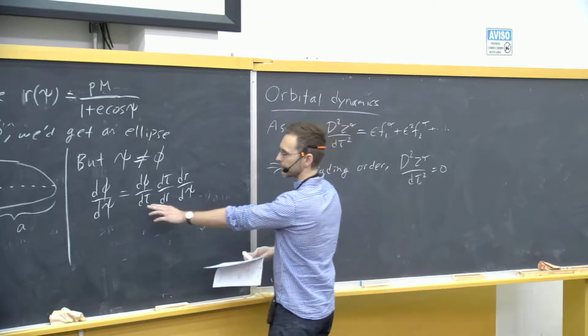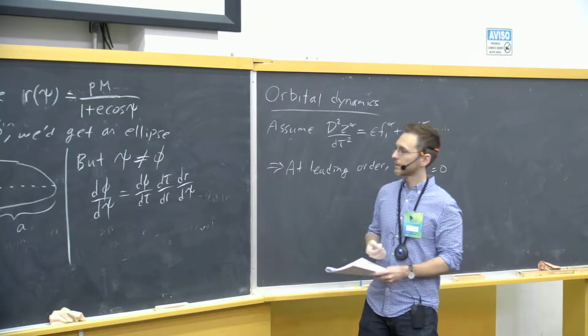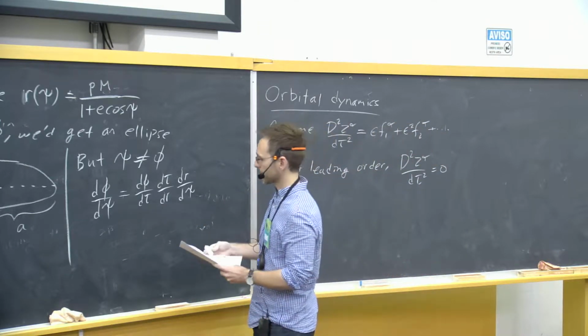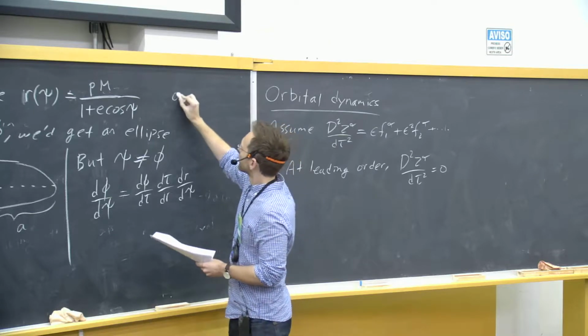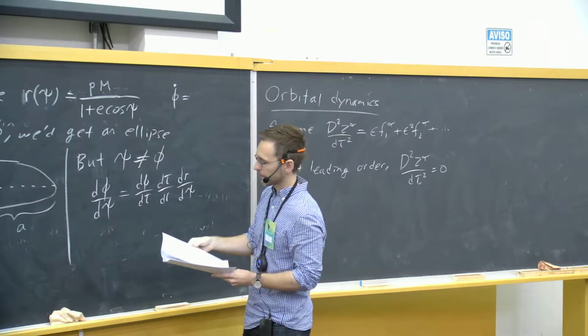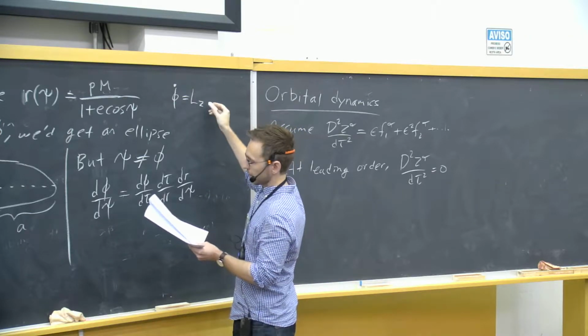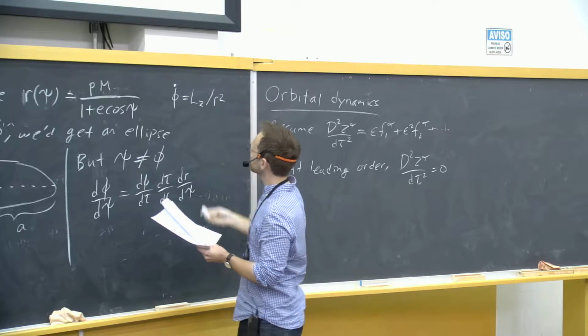And so d phi d tau we can write in terms of Lz. This is just phi dot. Phi dot is Lz over r squared.